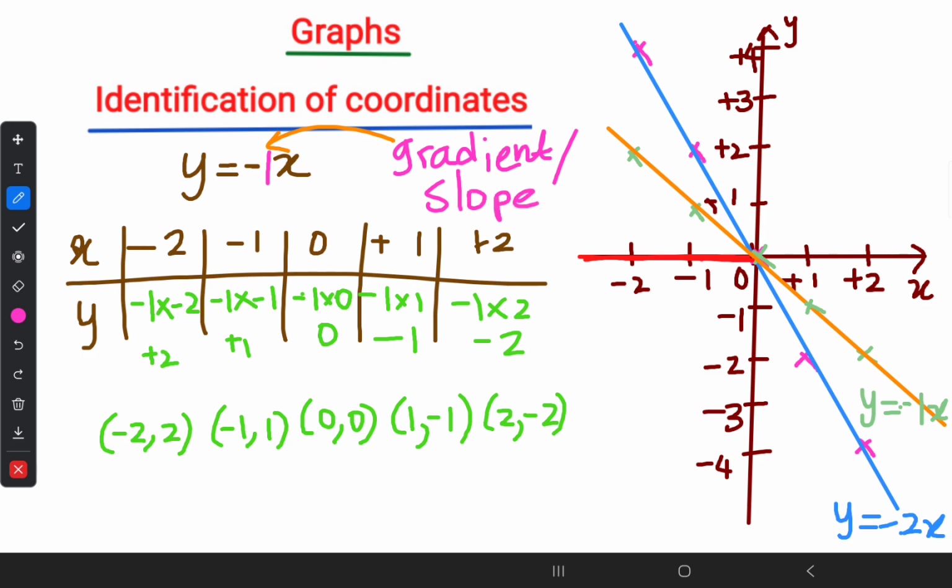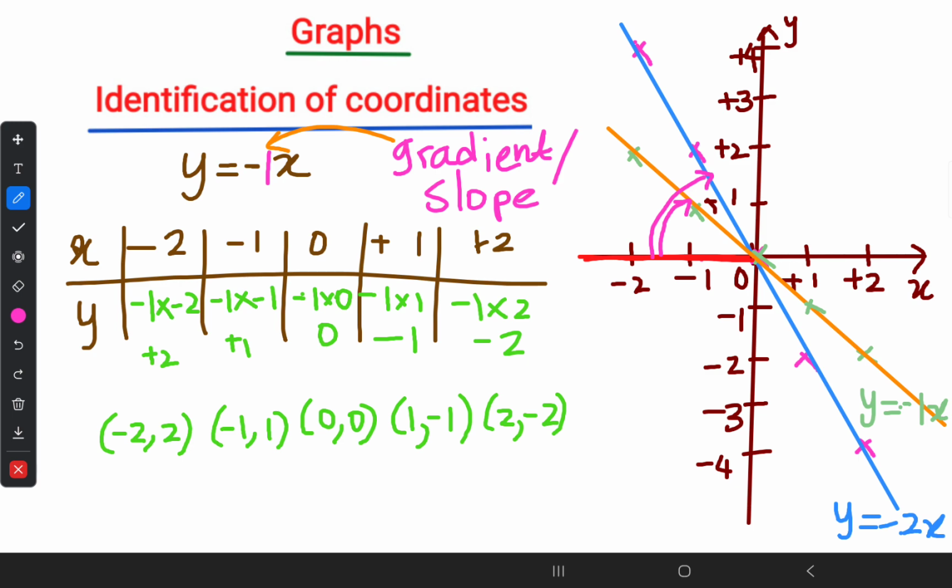If the gradient is negative 1, look at this, the slope is a little deeper. If the gradient is negative 2, look at this blue color straight line. This inclination is increased, the slope is increased.